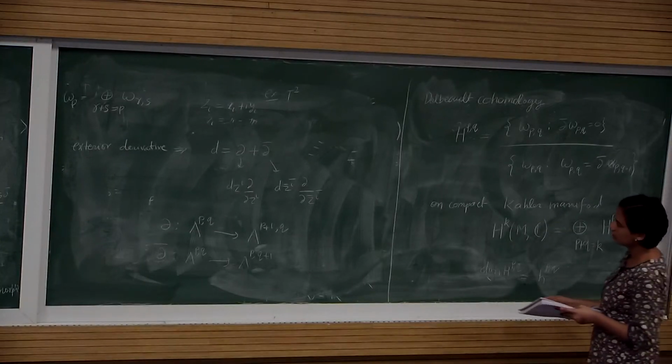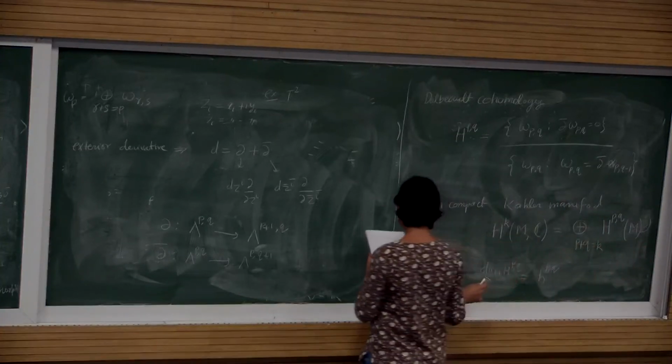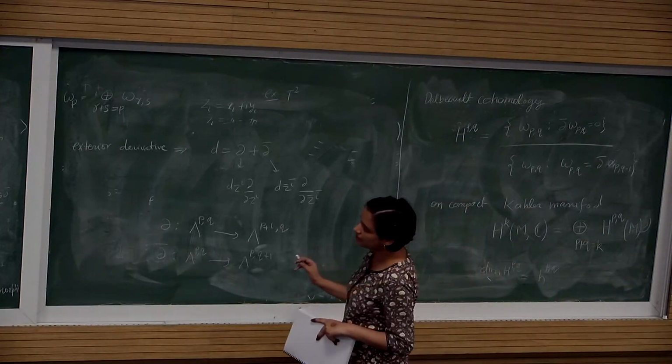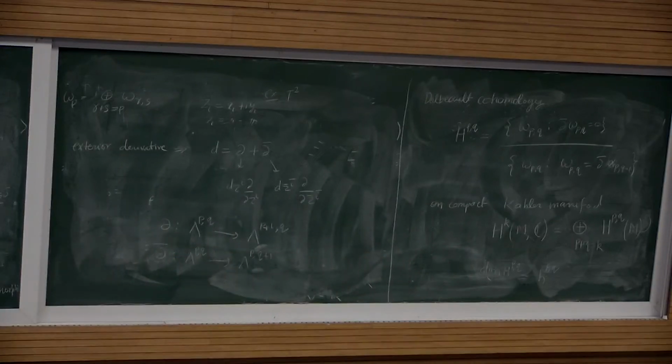And these are related to the Betti numbers, which I should have defined. So the dimensions of de Rham cohomology are called Betti numbers, and the Euler characteristic of a manifold is given by the graded sum of these Betti numbers.